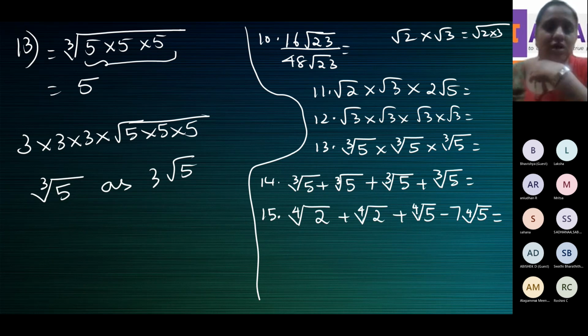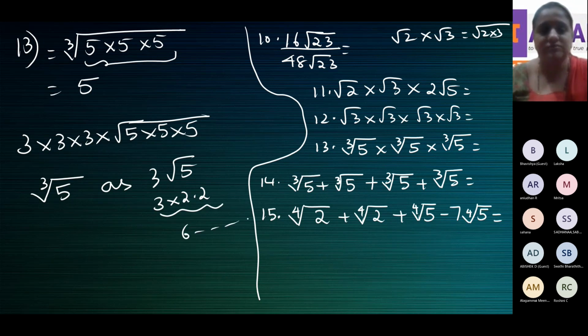See, I'll tell you. The value of root 5 is approximately 2.224. So like 3 into 2.2. This is cube root of 5. So this one is approximately like 6 point something. Cube root of 5 is some value which when multiplied by itself 3 times should give you 5.